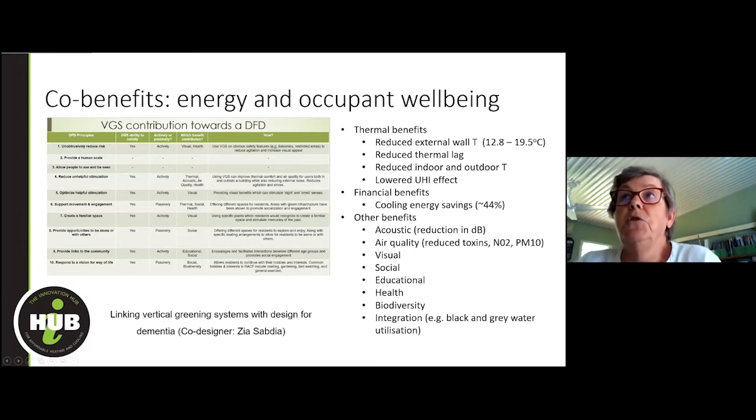Interestingly, particularly reducing the ability of these greening systems to reduce the temperature of walls and of the air around walls and affecting the urban heat island effect.